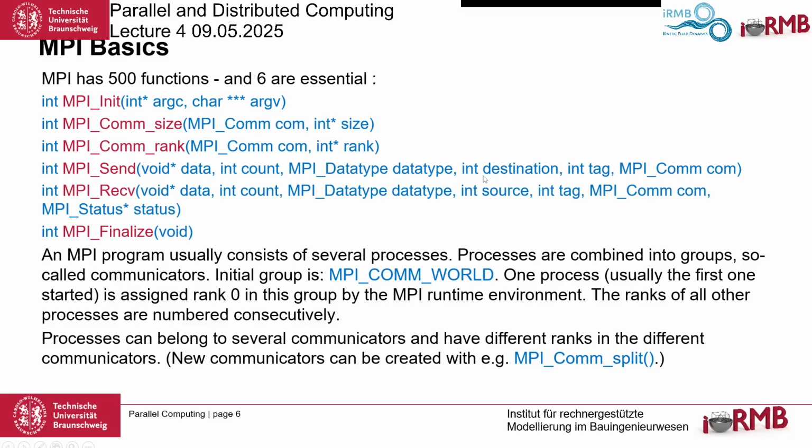Then obviously we have to tell the address where we are sending it to. So this is the rank of the receiving process. And then there is something that we are not going to use in much detail in this lecture. This is the tag.